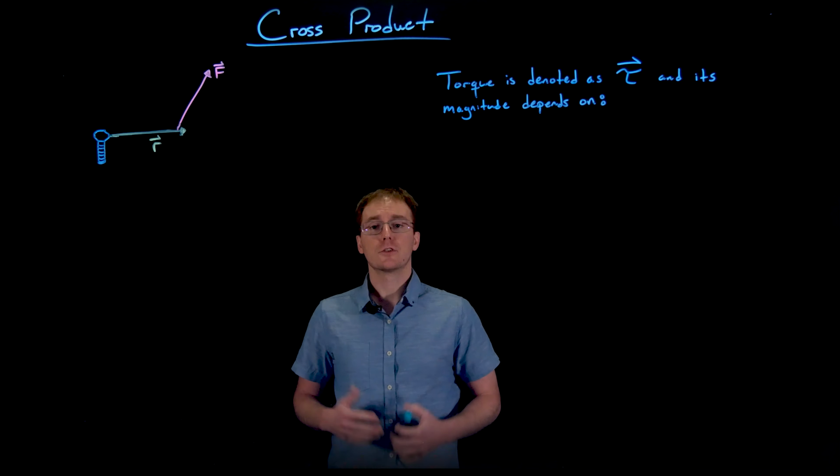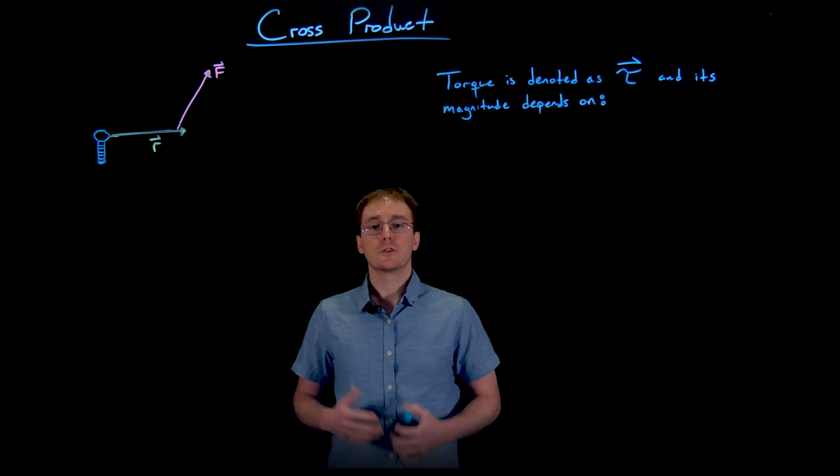But first, let's talk about what contributes to the size or magnitude of this torque vector. The torque vector is denoted as the vector tau, and its magnitude depends on two things. One is essentially the size of the wrench, or more precisely, the distance between the axis of rotation and where the force is being applied.